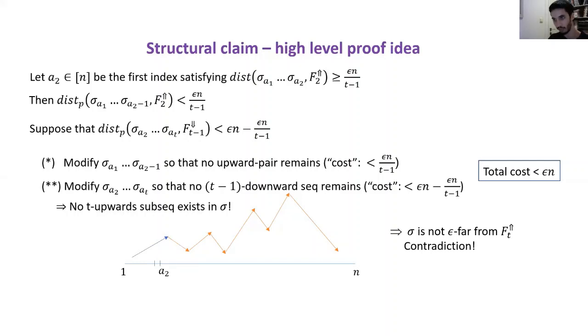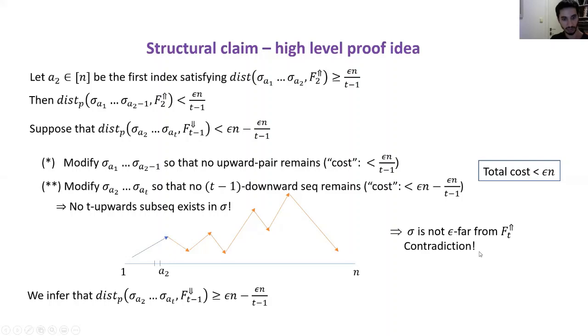As the total number of modifications we've done was less than epsilon n, and we concluded that in this case there are no t upward subsequences in sigma, we conclude that sigma is not epsilon far from ft up, which is a contradiction.